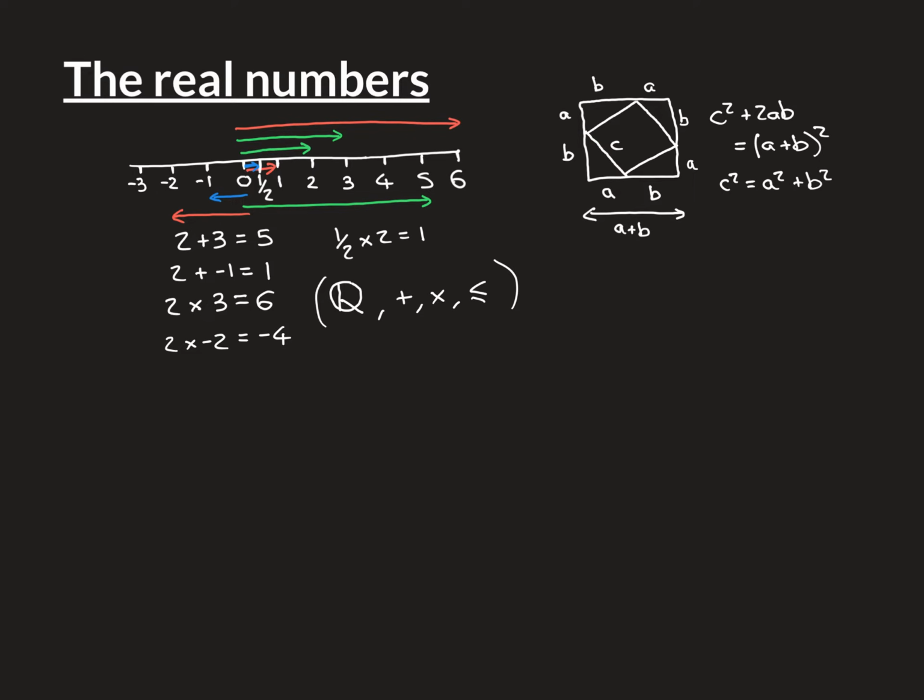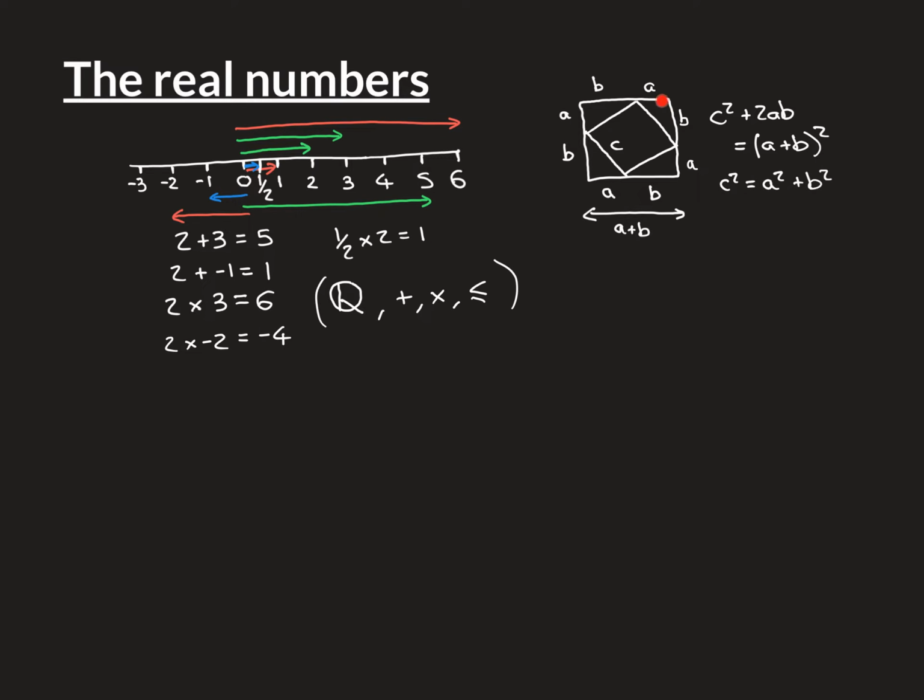If you rotate it round 90 degrees this way and then put it up here, so now side A is here, side B is here, and side C is here, and then you take another one, rotate it around again another 90 degrees, and put it like so, and then the final one, rotate it a final 90 degrees and put it like this, then you can make a square where the sides of the square are A plus B, and inside there is this smaller square where the sides are C and C.